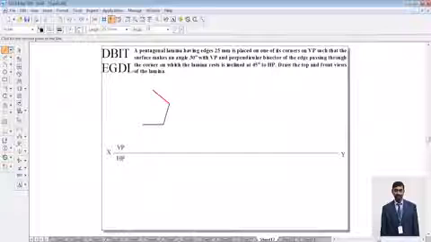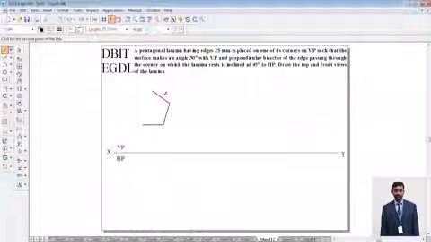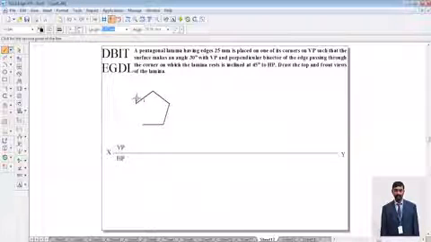Next angle is 72 into 2. Next 25, enter. Next angle is 72 into 3. Next angle, or it will be joining the two end points.